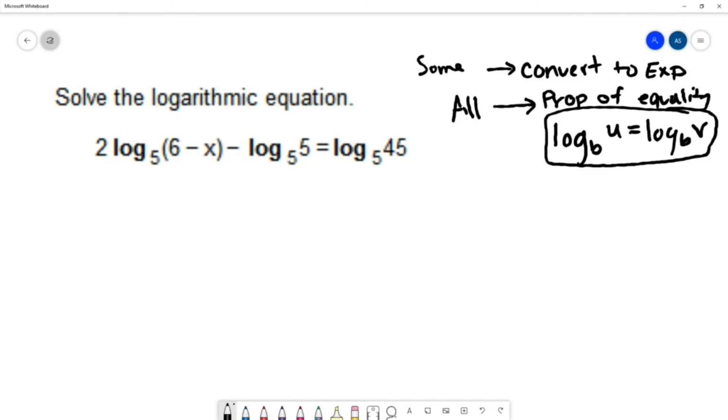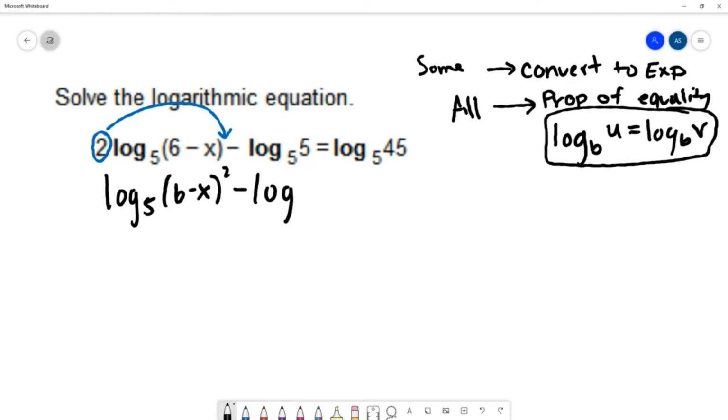So to get it to that state, I'm going to use the power rule for logs to move that coefficient into the exponent. So that would give log base 5 of (6 minus x) squared minus log base 5 of 5 equals log base 5 of 45.